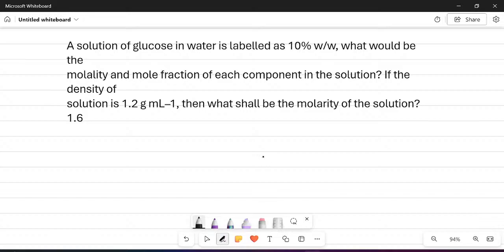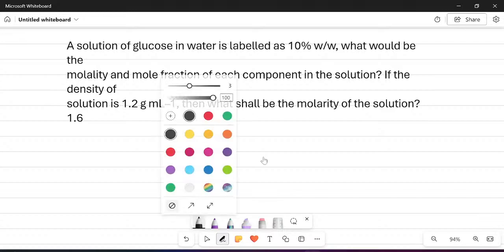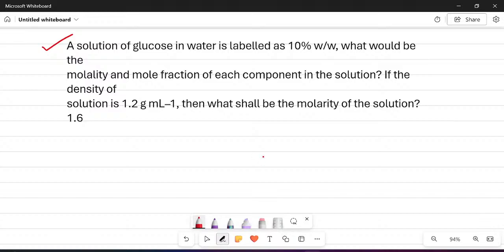Here is a problem. The problem says that a solution of glucose in water is labeled as 10% weight by weight, or to be more correct, mass by mass. What would be the molality?